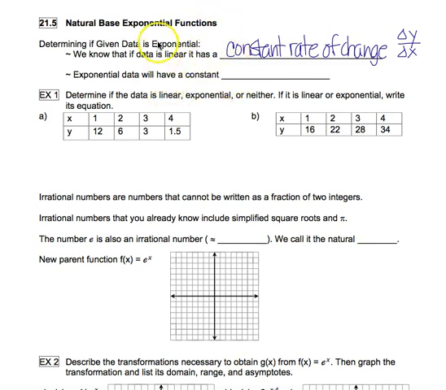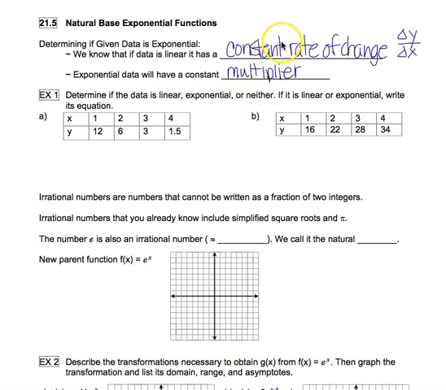So what exponential data does have is a constant multiplier. That means that when you are looking at those y values, you're going to be multiplying by the same value over and over again. In our first example here, we are asked to determine if the data is linear, exponential, or neither.